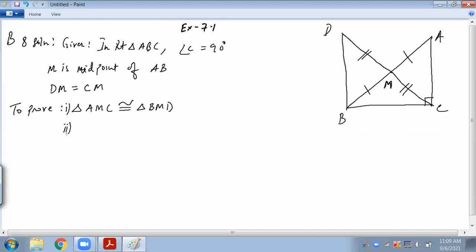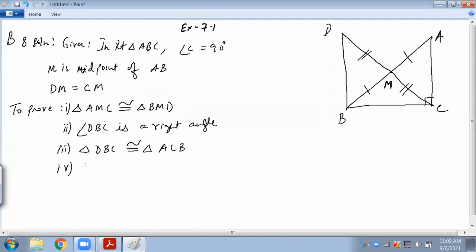Number two is angle, and number four is CM equal to 1 by 2 AB. So we are going to show all this.